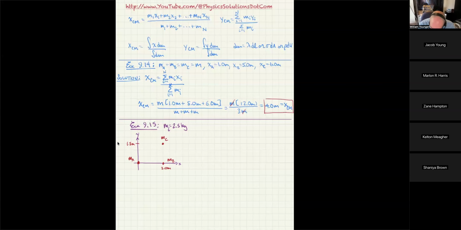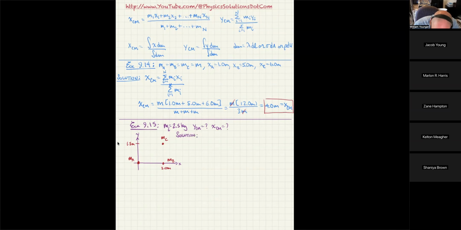Okay? And our job is to find the center of mass, and specifically we want the center of mass both in the X and the Y. So what we want is YCM equals question mark and XCM equals question mark. And there's really no reason for me to have written one before the other in that opposite order. I just did it because that was what came to my pen first.